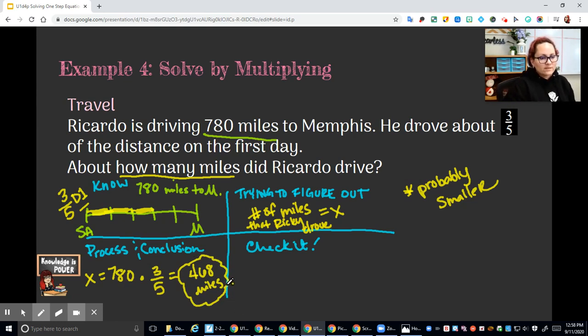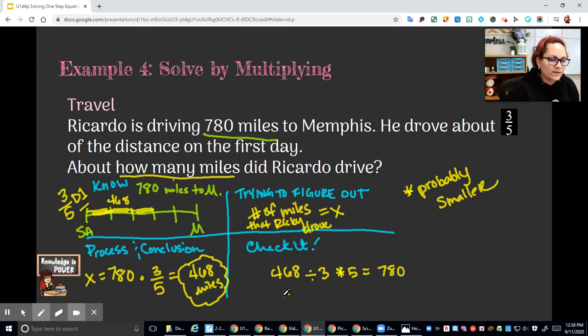Okay, I want to double check. So ways that we can double check. Well, if I know that's 468, right? And if I divide it by 3 to get each one of those little fifths, right? Divide by 3. And then I multiply it by 5. I should get 780, right?